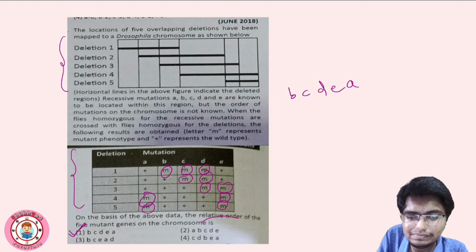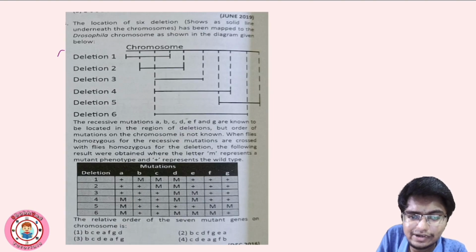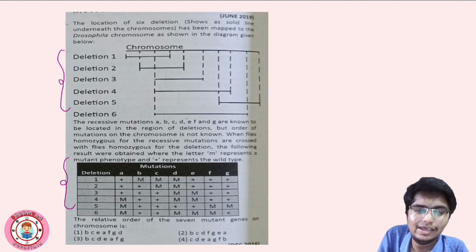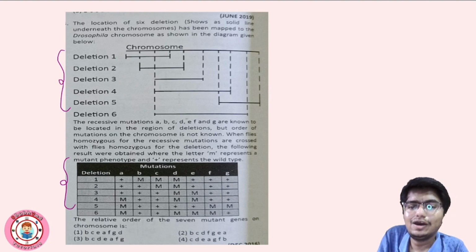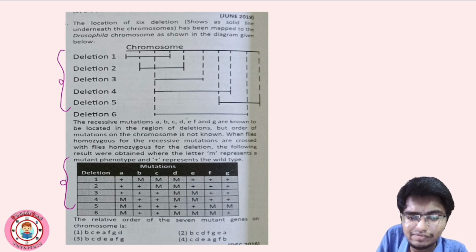Got it? Same type of question here, deletion. I am showing you how to find the answer quickly, right? Just table से हम answer find कर सकते हैं. Okay, same question है यहाँ पे भी. See deletion 1 में BCD mutant, write down. Again same type के questions ही है.